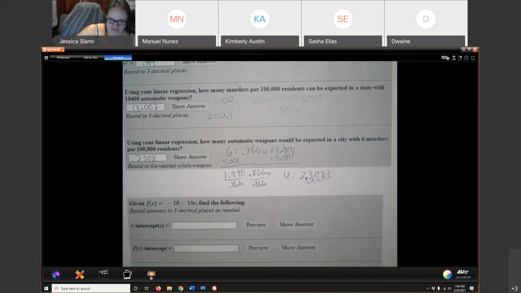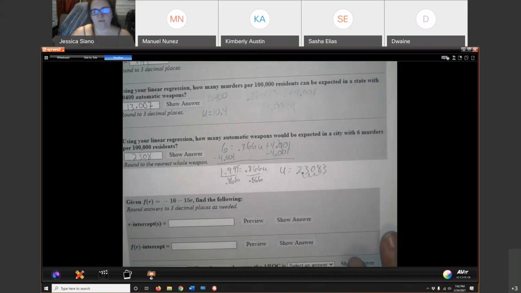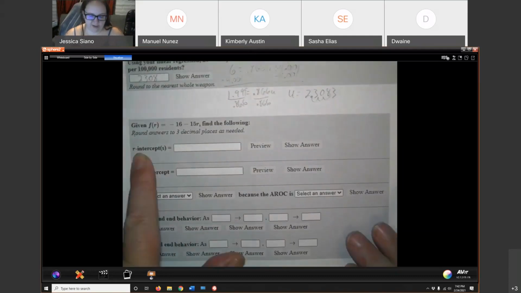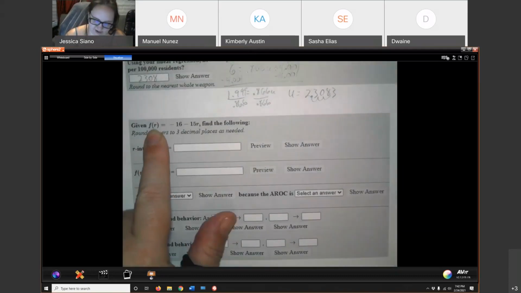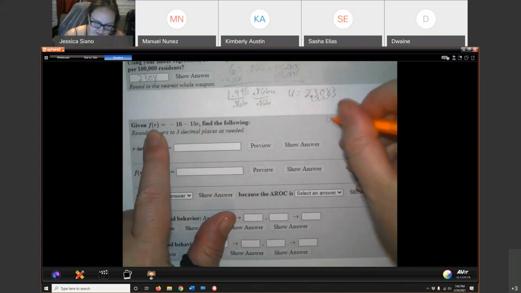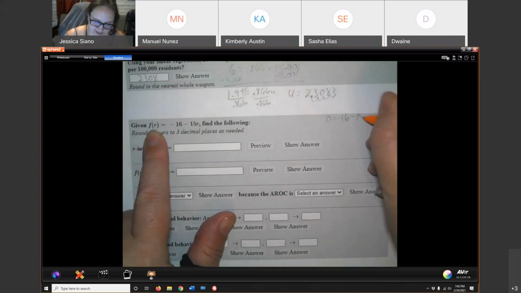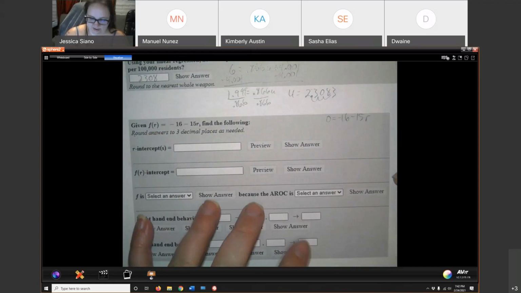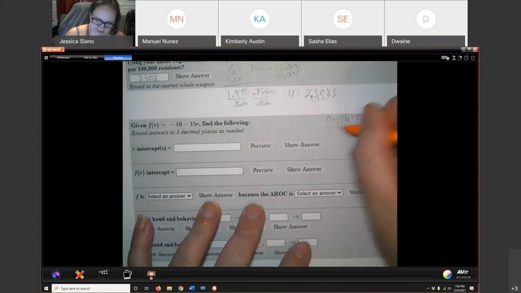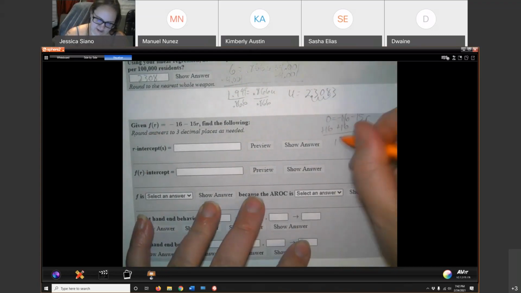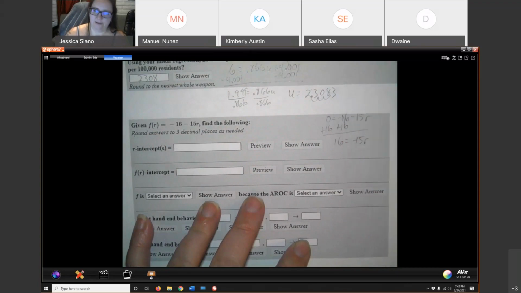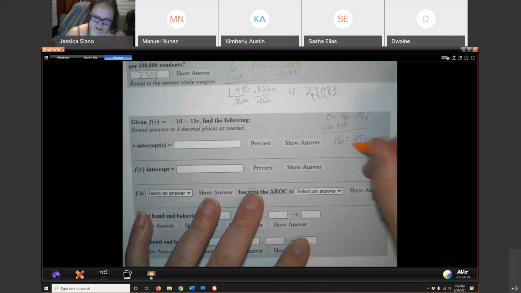Okay, and then last but not least here, if we have a linear function, we want the r-intercepts. Remember, the r-intercepts are going to be where f of r equals 0. So 0 equals negative 16 minus 15r. Add the 16. Divide by the negative 15.